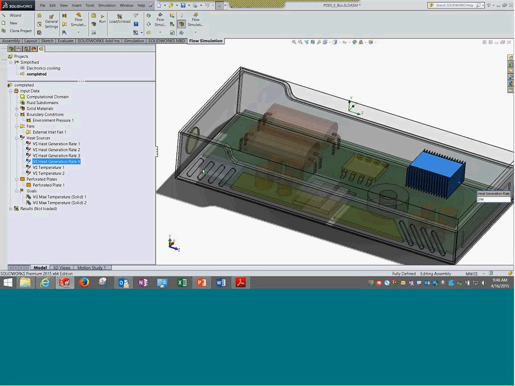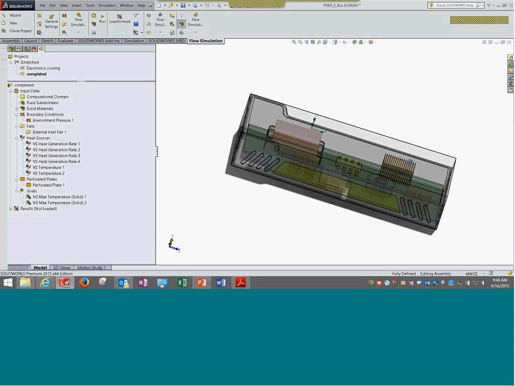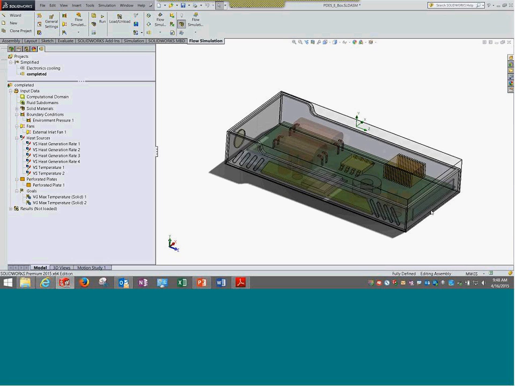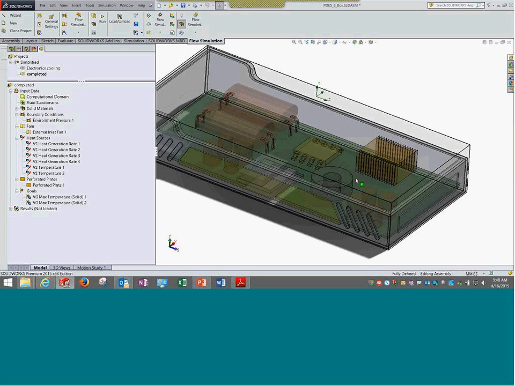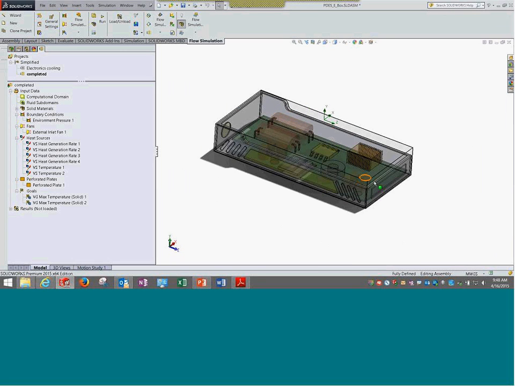Here, of course, the sink as well has been given a heat generation rate, but it is difficult to say, as heat into this sink is actually flowing from the circuit and it is going to dissipate through that. Then we have these capacitors for which a constant temperature has been given directly.